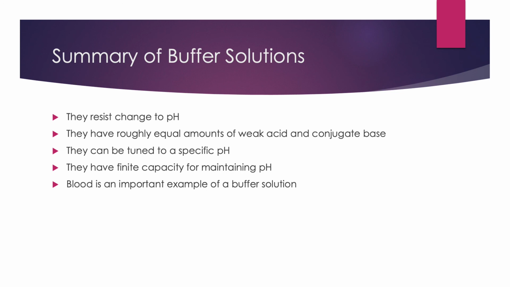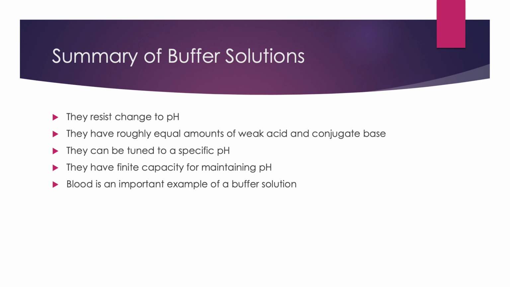They can be tuned to a specific pH, and that involves selecting a weak acid that has a pKa near the desired pH value, and then tuning the concentration ratio so that you get to the exact pH that you want. Buffer solutions have a finite capacity for maintaining pH, so be aware of that and know that once you exceed some capacity, the pH will begin to change when you start adding strong acid or strong base to your buffer.